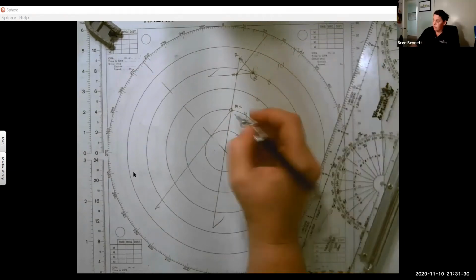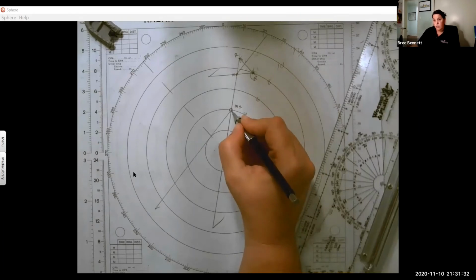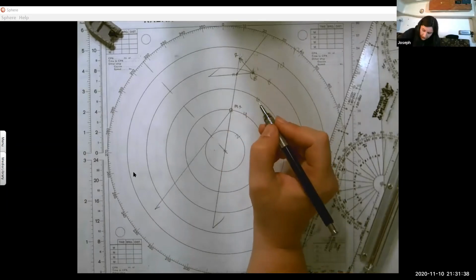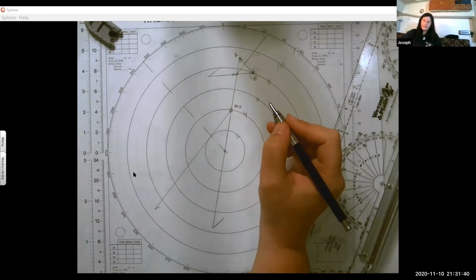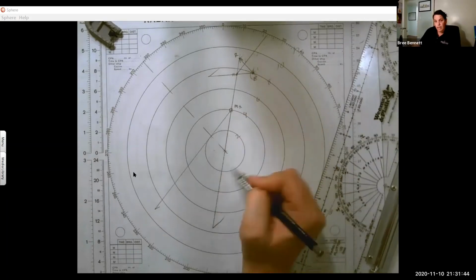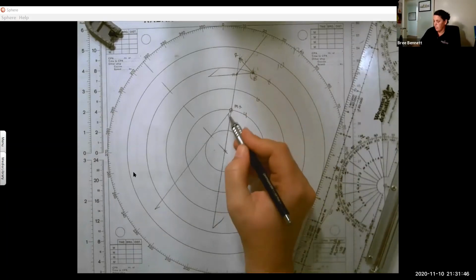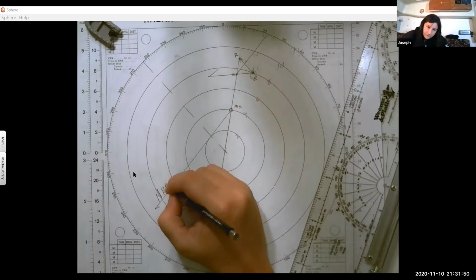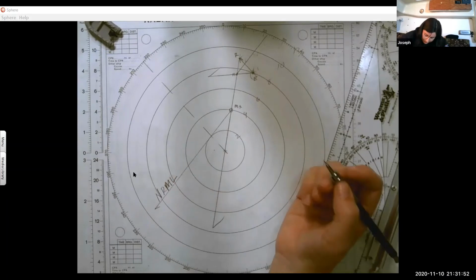When that target is 4 miles away, that's when our point of execution is. Cool. And then we create 2 mile CPA. So this is going to be our new relative motion line.